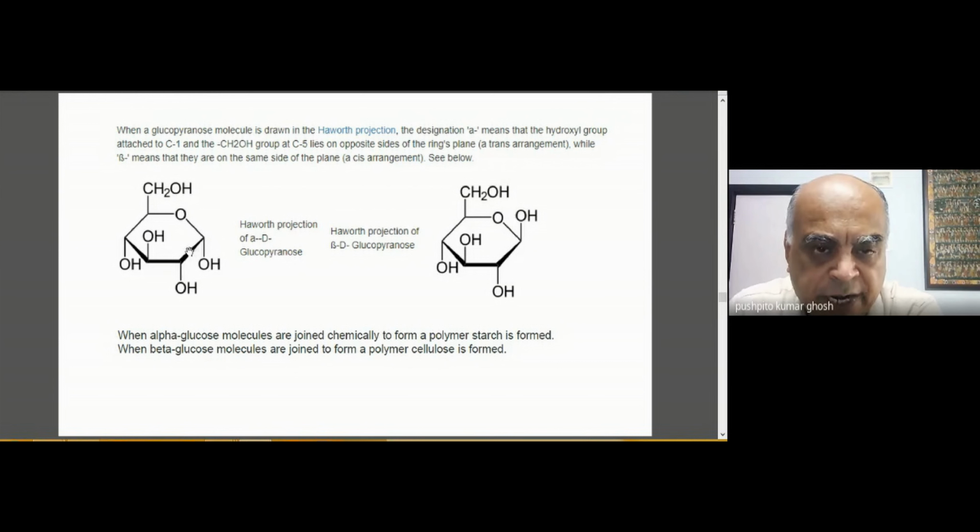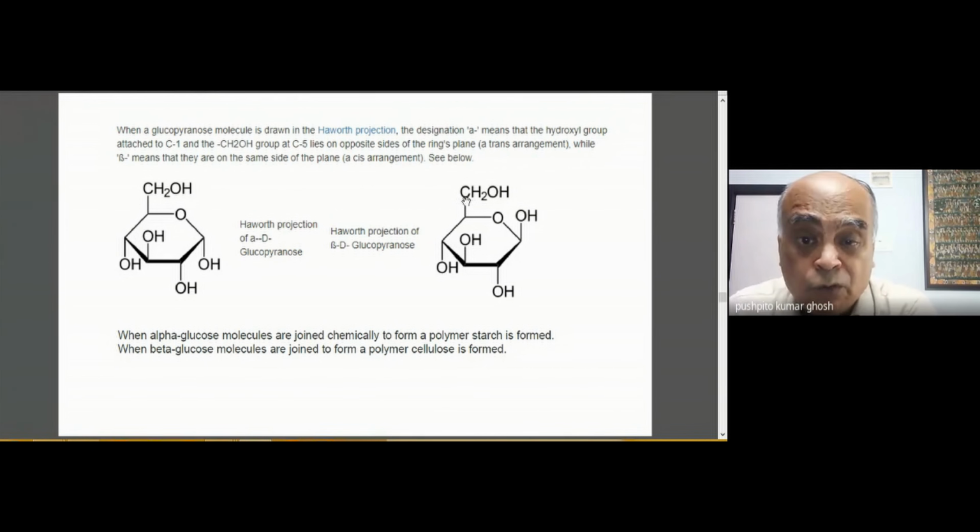Now, if these are on opposite sides of the ring, this is known as alpha. If they're on the same side, it is known as beta.